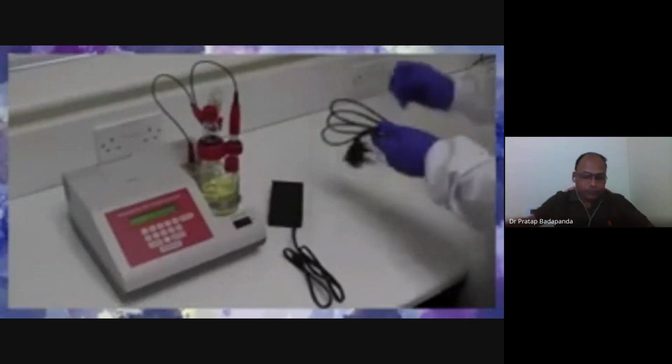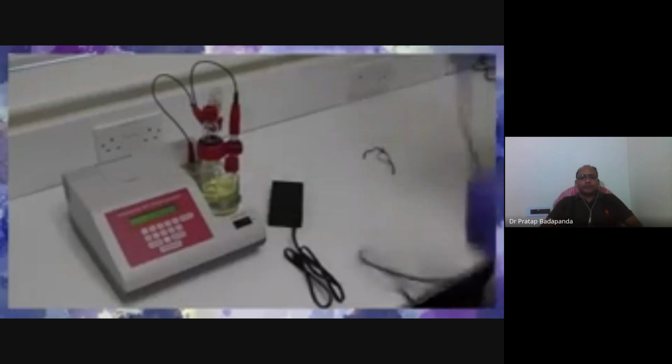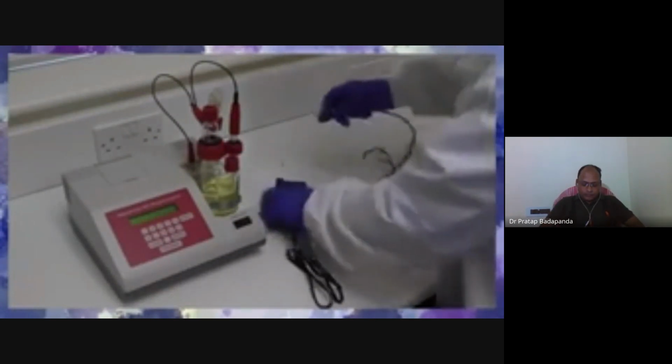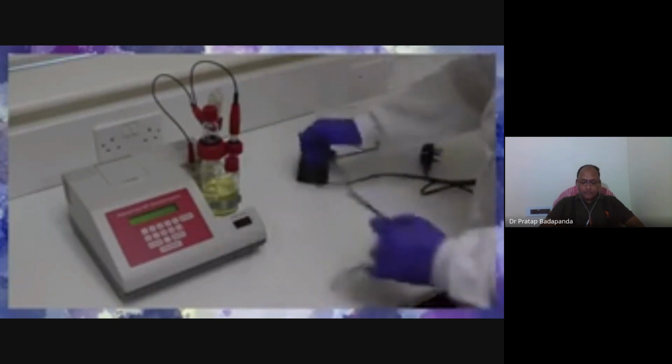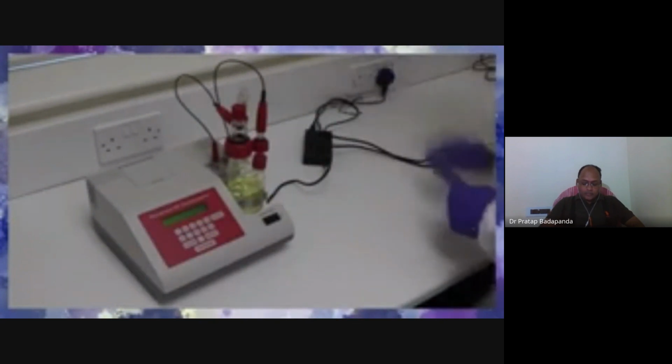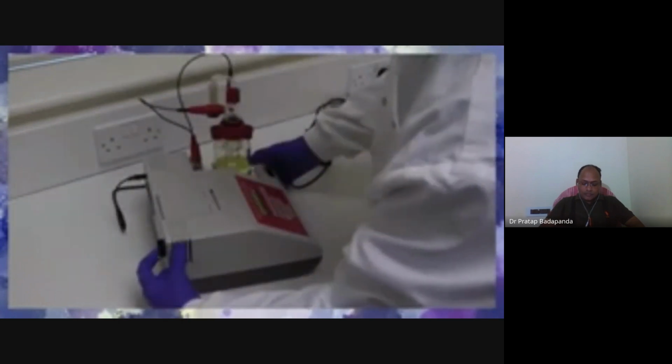To switch the instrument on, connect to the mains electricity supply using the power pack and mains cord. Press the power on switch at the rear of the unit.